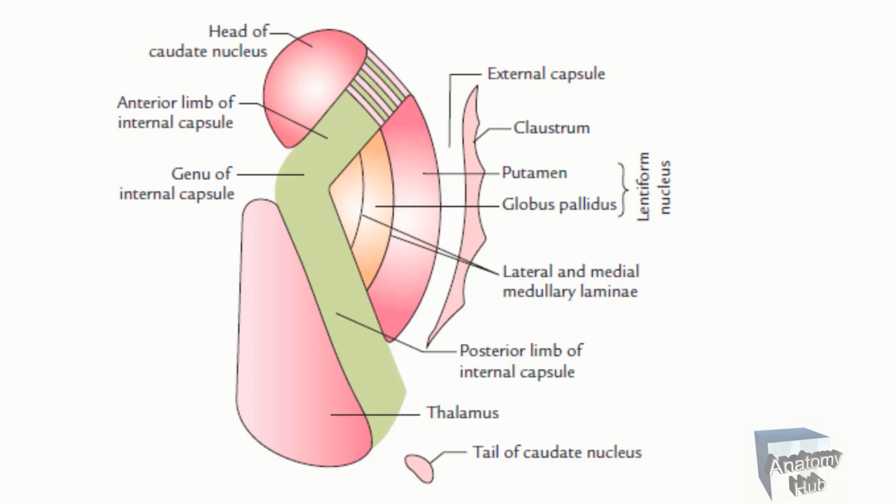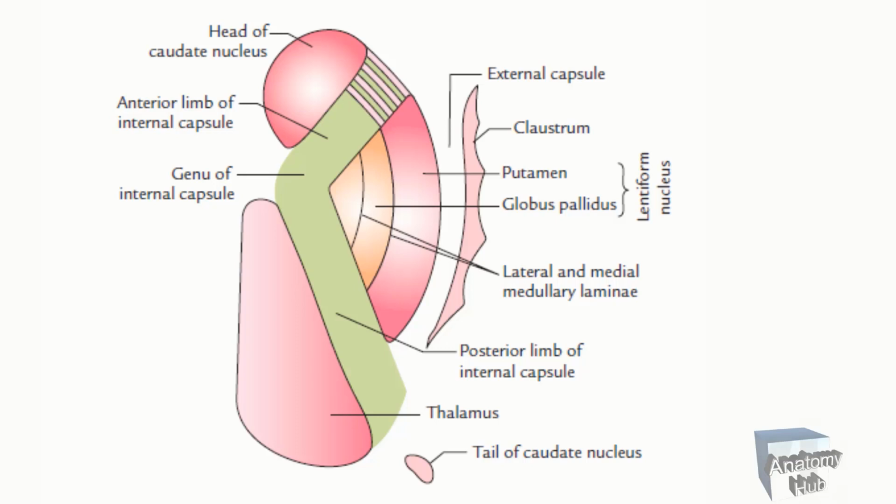It is separated from thalamus by stria terminalis and thalamostriate vein. The tail is long and slender, and forms the roof of inferior horn of lateral ventricle. Anteriorly, it terminates in the amygdaloid body.